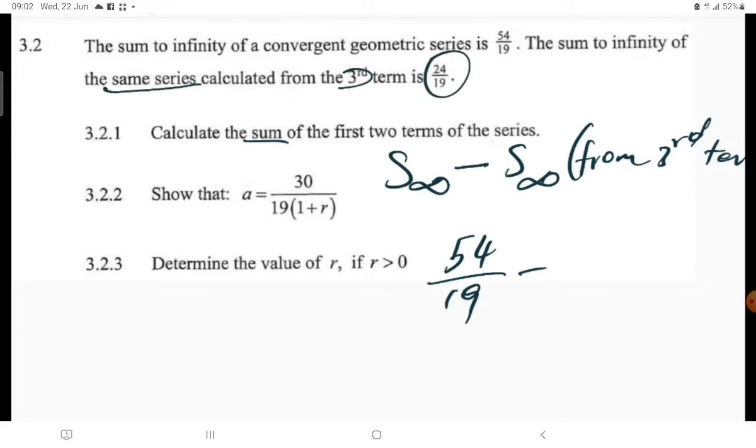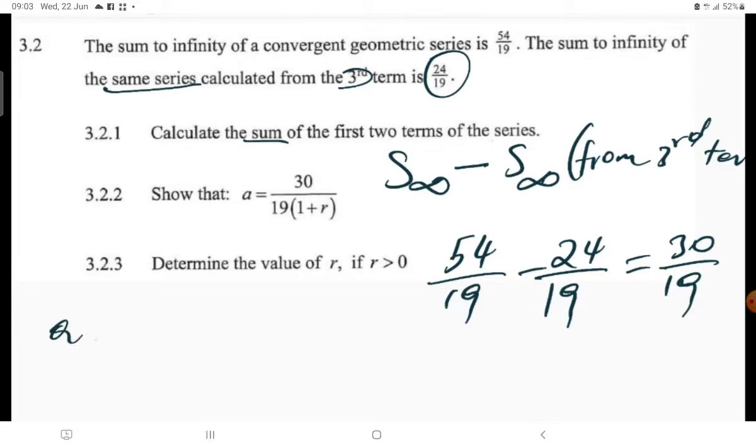Since this sum that I'm writing now is starting from term 3, term 4, term 5, what is going to remain behind is the remainder after you have subtracted the sum from term 3 up to infinity. Then therefore the first and second term is going to be remaining behind. So what are we having now? Remember we have 4 here, then therefore it's going to be 30 over 19. So this is the sum of the first two terms.